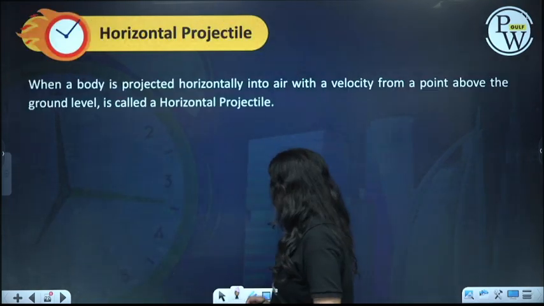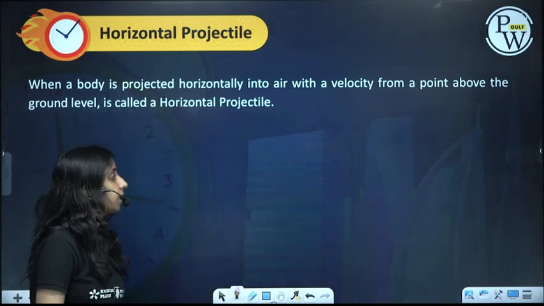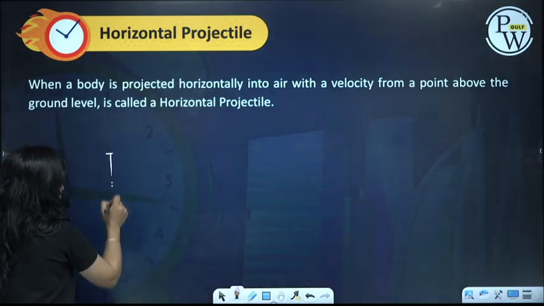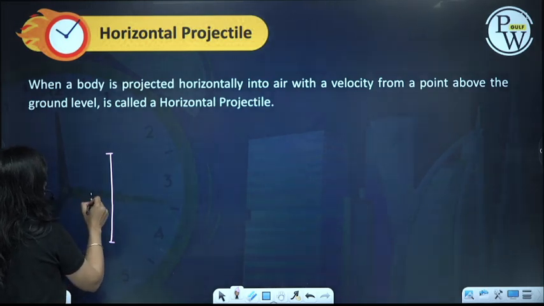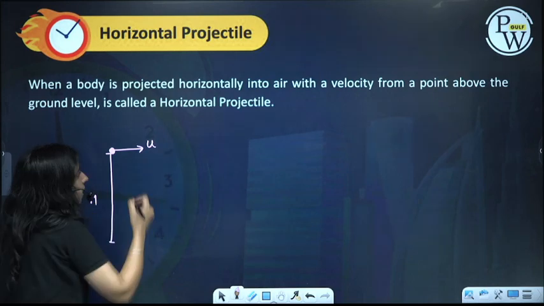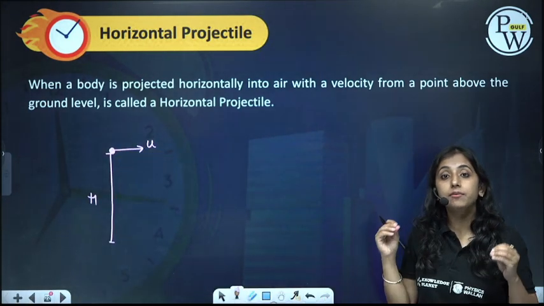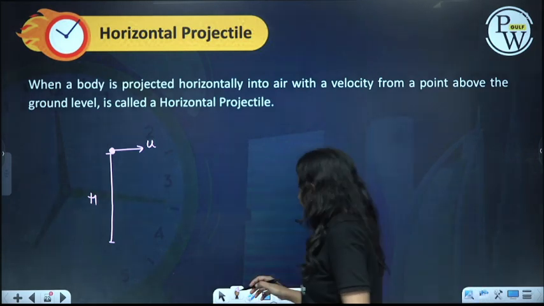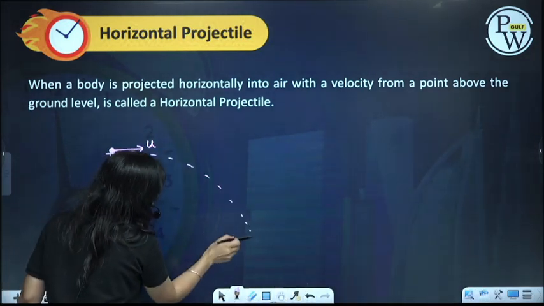Now let us do horizontal projectile. What is a horizontal projectile? If we are standing at some height h and we throw the particle horizontally, only giving a horizontal velocity, it will come to the ground following a path like this.